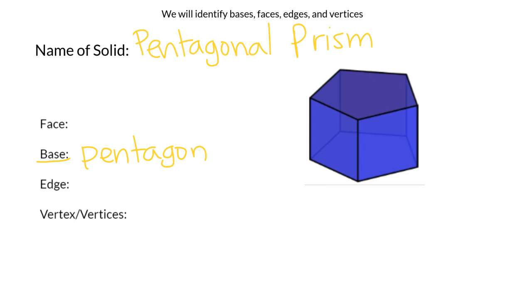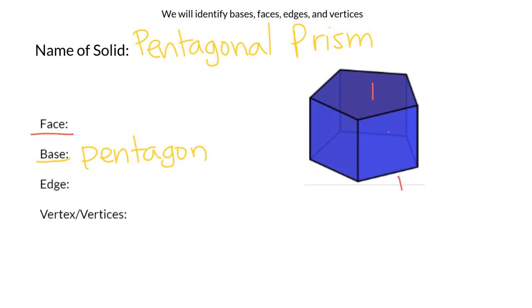Okay, the next thing that we're going to work on is counting the number of faces that this solid has. We already talked about our top and our bottom, or our top and our base. I'm going to count our top as 1, and I'm going to count our bottom as 1, for a total of 2. And one thing you should start to do as you're getting experience with these solids is, if you know that a pentagon has 5 sides, then that means that there are 5 rectangles that come off of that pentagonal face.